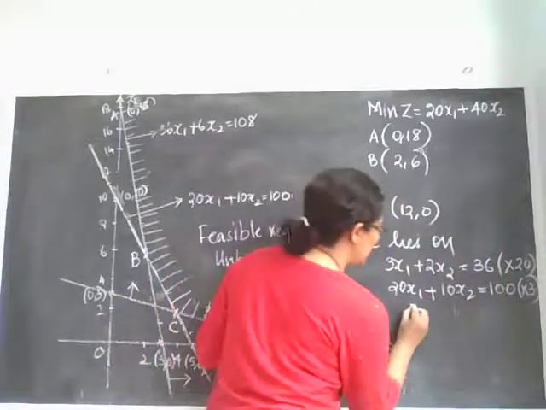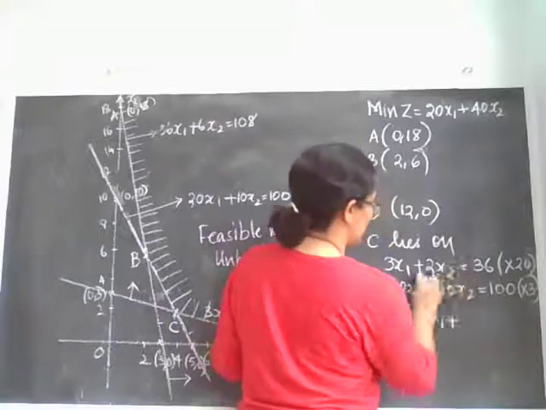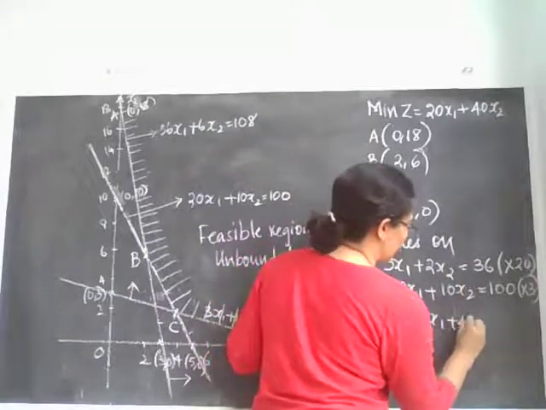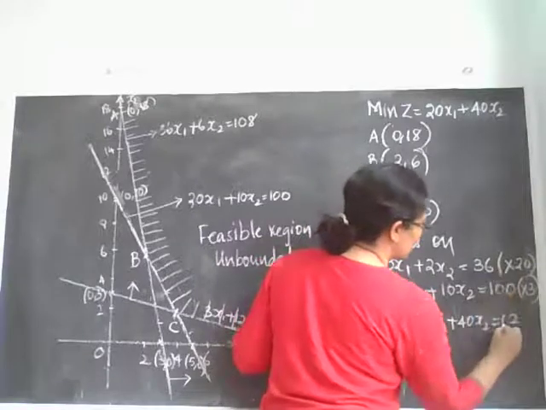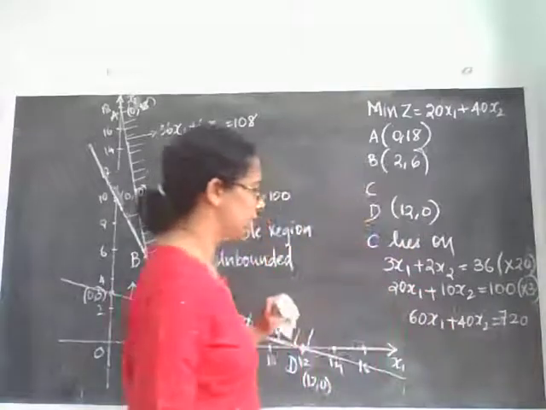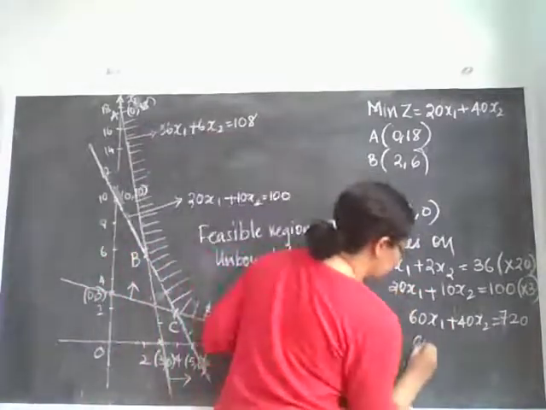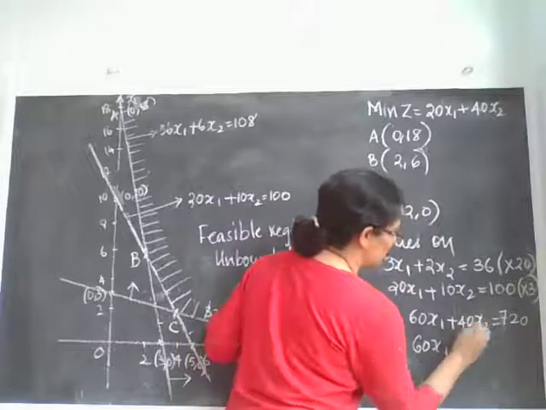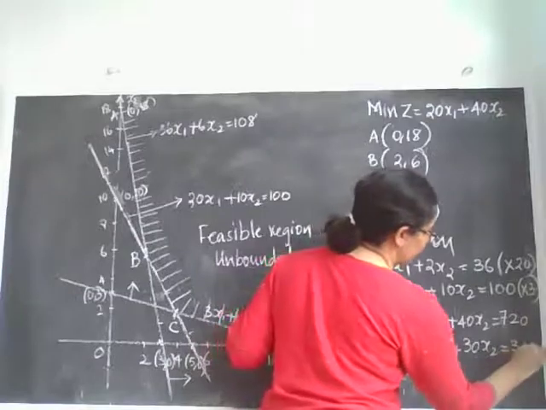So you get 60x1 plus 40x2 equal to 12 into 6, 720. Just tell me if I'm wrong. Now multiply with this also: 60x1 plus 30x2 equal to 300.